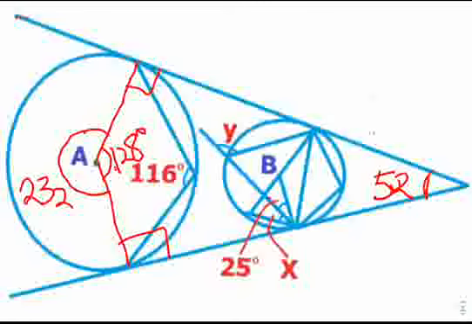The length of this is the same as the length of this, because when two tangents meet a circle, at that point where they meet a circle, their lengths are equal. So that makes this triangle to be what? Isosceles triangle. For an isosceles triangle, the base angles are what? Equal.